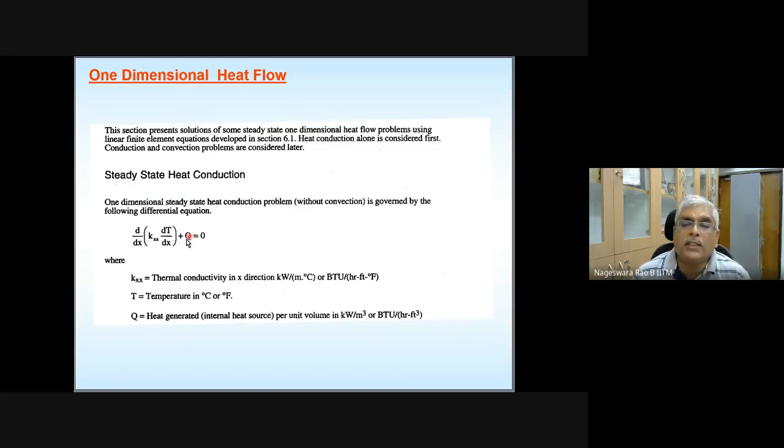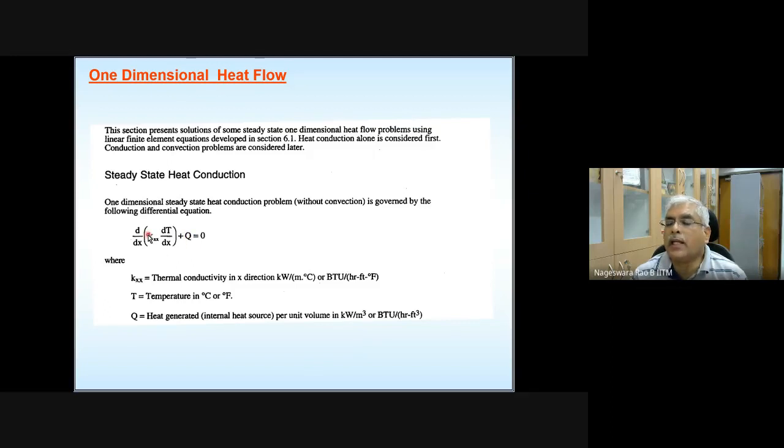Only thing is, this coefficient Kxx is similar to the coefficient K in the general boundary value problem, and the field variable T becomes temperature. P is 0, and Q is not a function of X here.